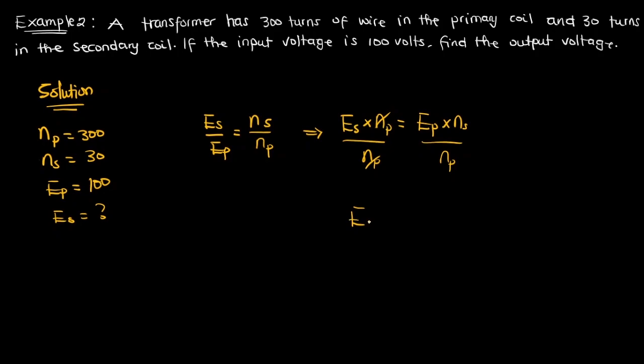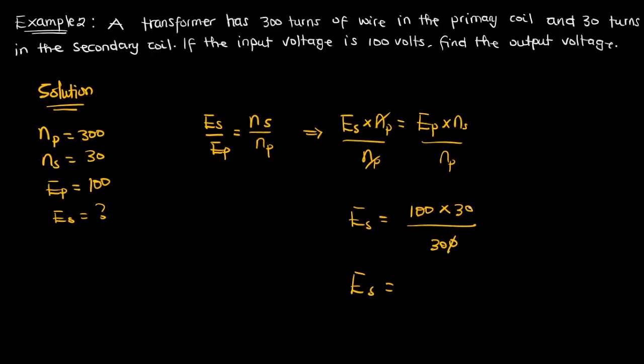My ES is equal to my EP, which is 100, my primary voltage, multiplied by my secondary turns, which is 30, divided by the primary turns NP, which is 300. From here we can compute to find our output voltage.